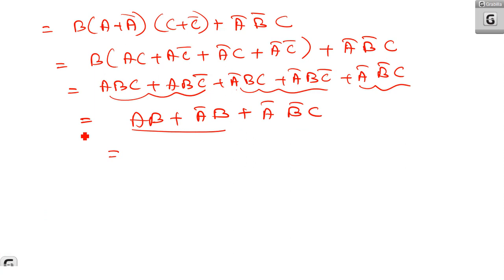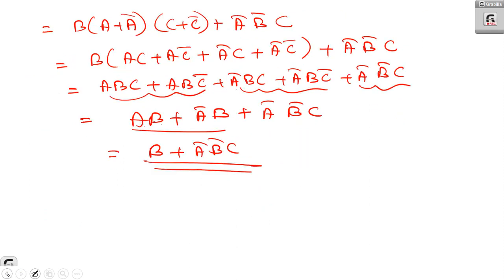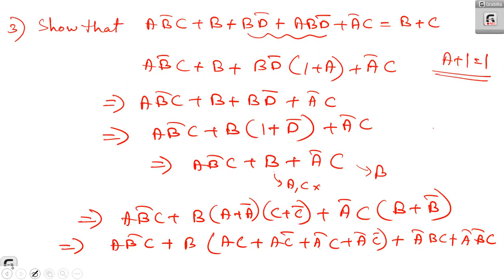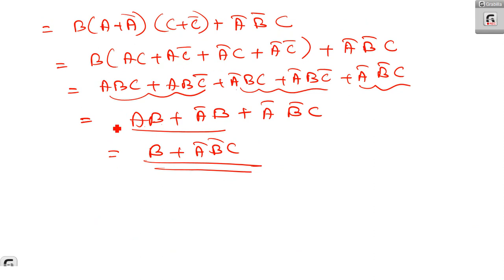Here AB or A bar B, answer is B or A bar B bar C. So you are coming to the same point, right? But we have to prove that it is equal to B or C. So how to prove that? If you go this way, you will come back to the same step.